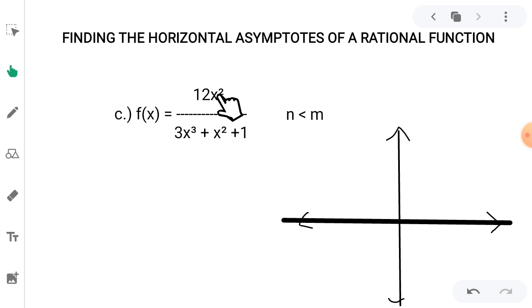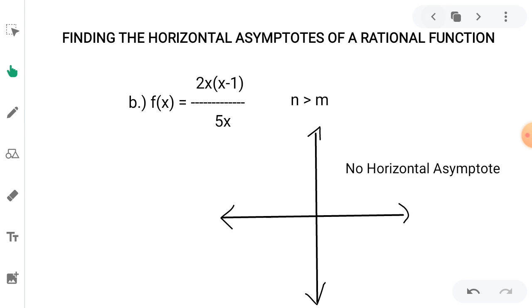Upon looking at the exponents in the numerator and the denominator, kung napapansin natin sa denominator, there are two exponents, so we need to get the highest exponent here. The exponent in the numerator is 2 and the exponent in the denominator is 3. Therefore, the exponent of the numerator is less than the exponent of the denominator.